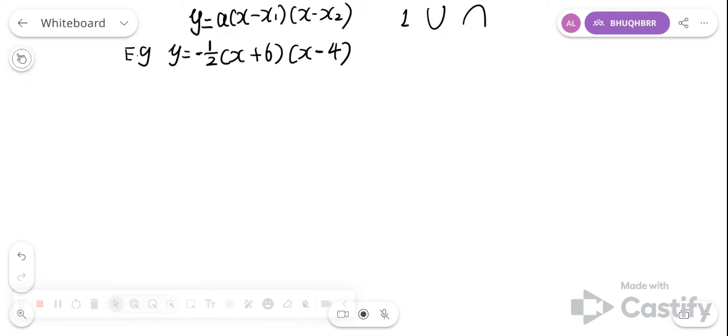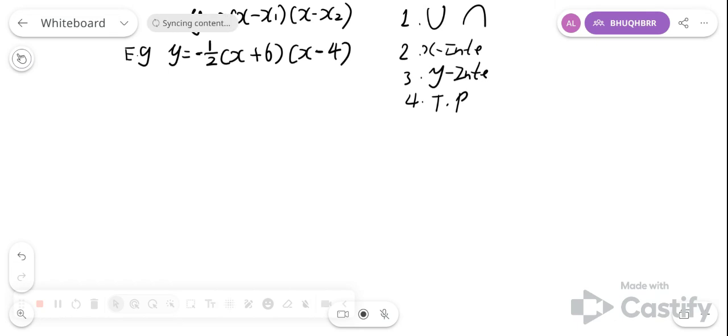That is why later we need to decide the a value. Secondly, we need the x-intercepts, which very likely we already have listed here. Step 3 will be the y-intercept, and then the fourth step, the turning point. Those are the things we need when sketching the graph.